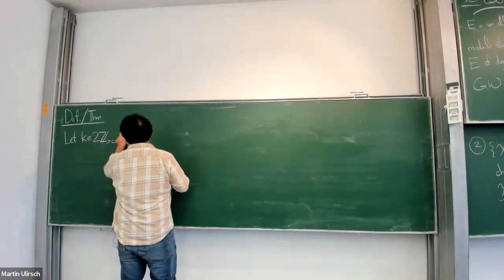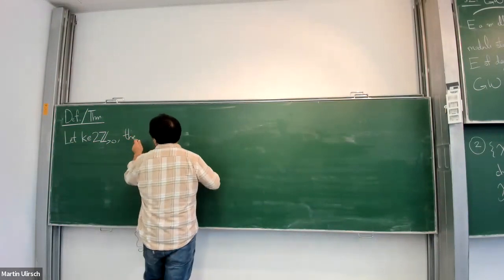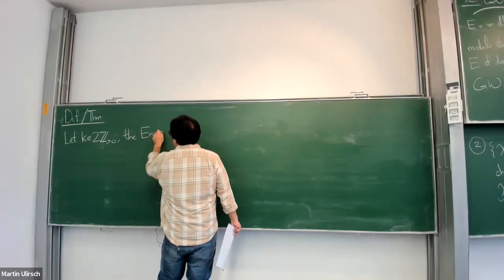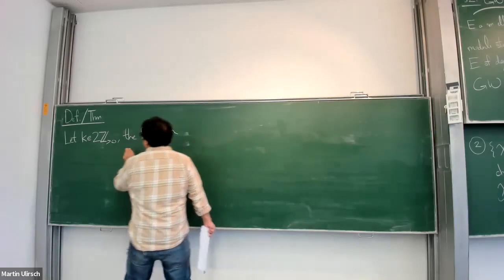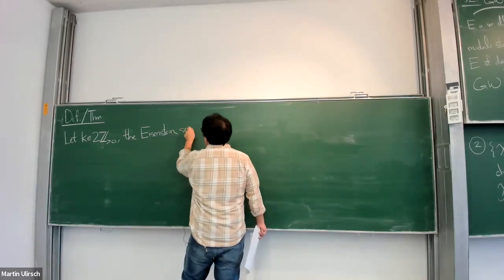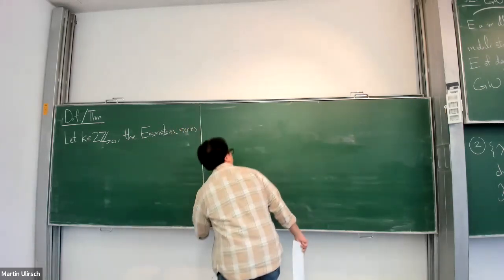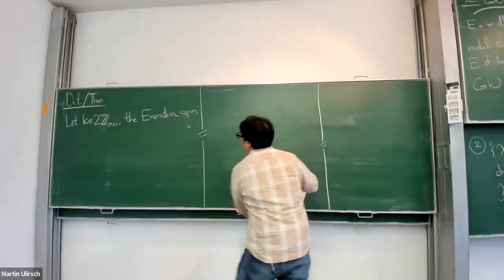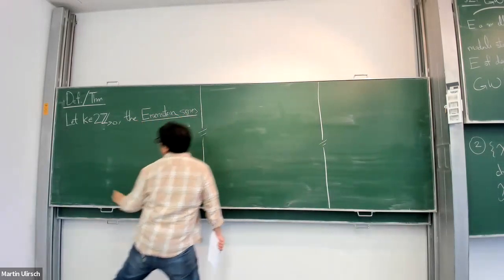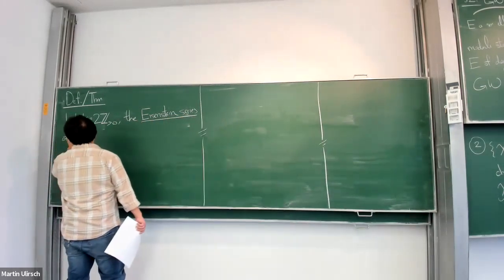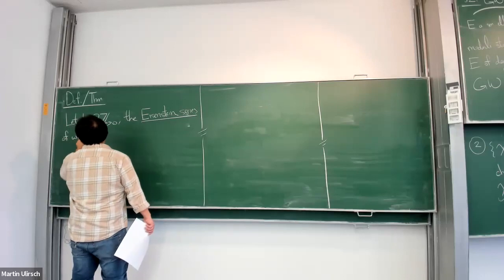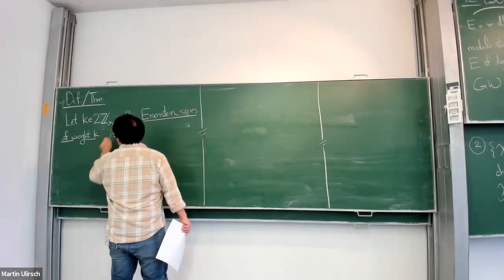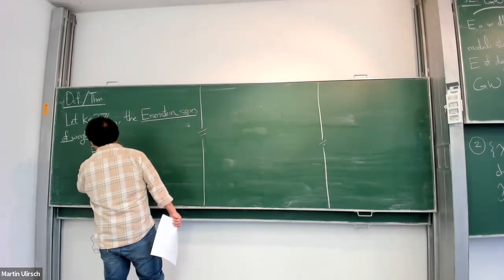We define the Eisenstein series of weight k to be the following formal power series in q.